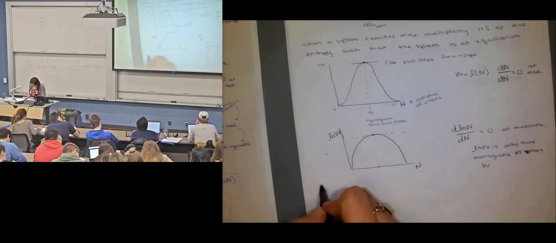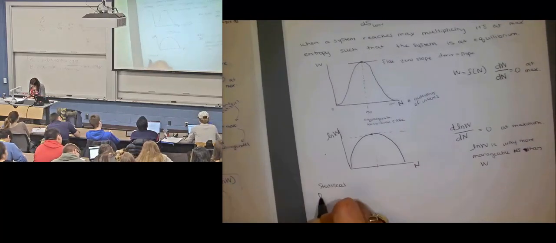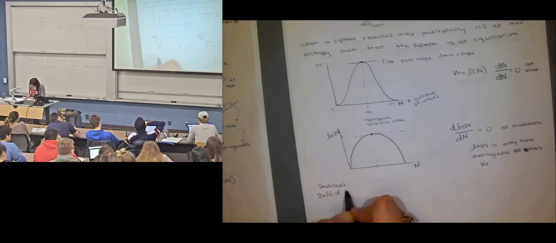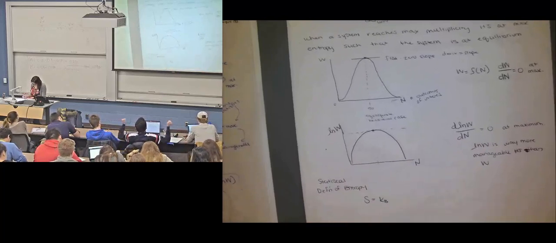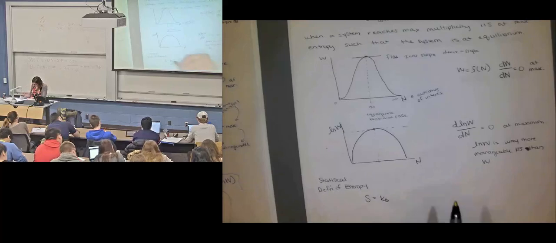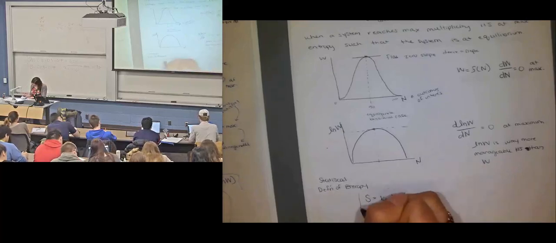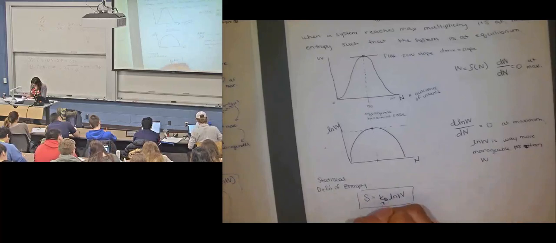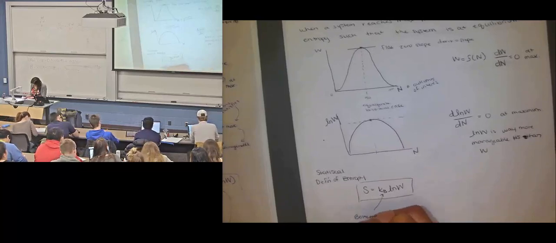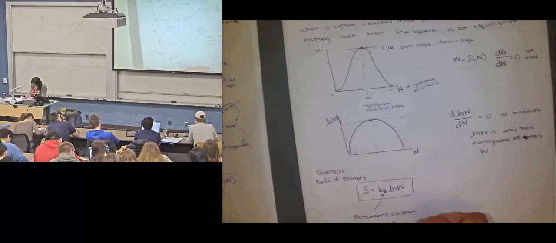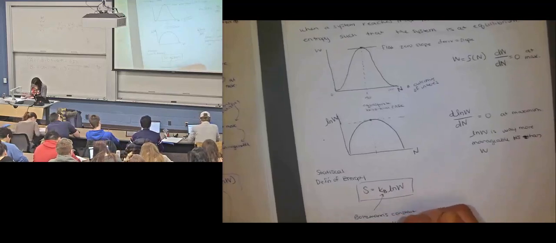And so from that, Boltzmann wrote his statistical definition of entropy. S is equal to k sub B, a lowercase k with a subscript capital B, times the natural log of multiplicity. k_B is Boltzmann's constant. It is equal to the gas constant divided by Avogadro's number, or 8.314 joules per mole Kelvin, divided by 6.022 times 10 to the 23rd.